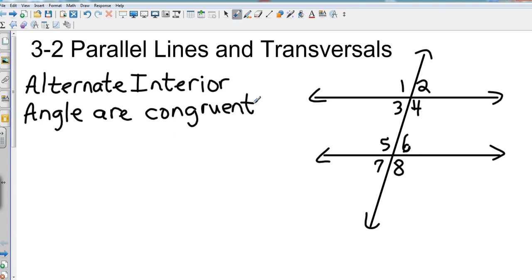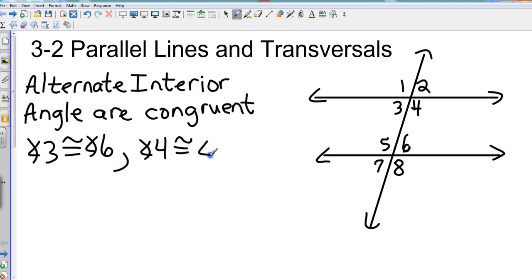Which means angle 3 is congruent to angle 6, and angle 4 is congruent to angle 5. Again, those are my alternate interior angles. Inside the parallel lines, opposite sides of the transversal.